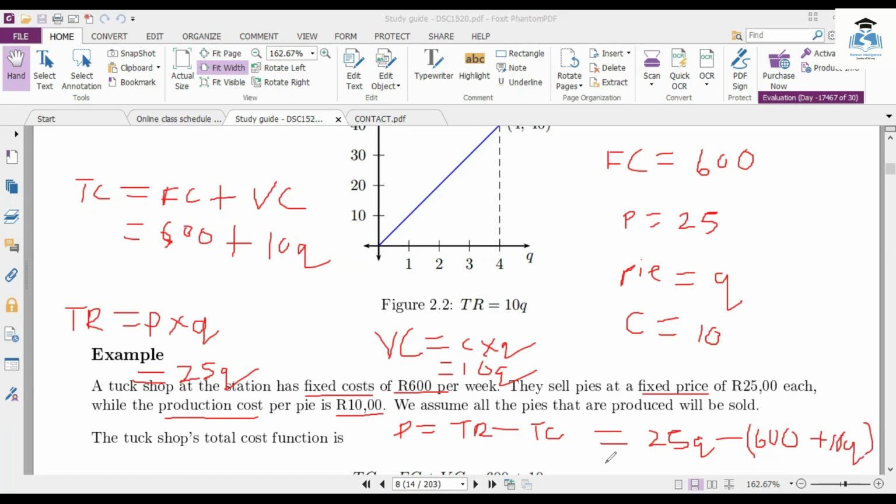Which is equal to minus times what is in the bracket. So 25 minus 10Q, that's 15Q, minus 600. So this will be your profit.